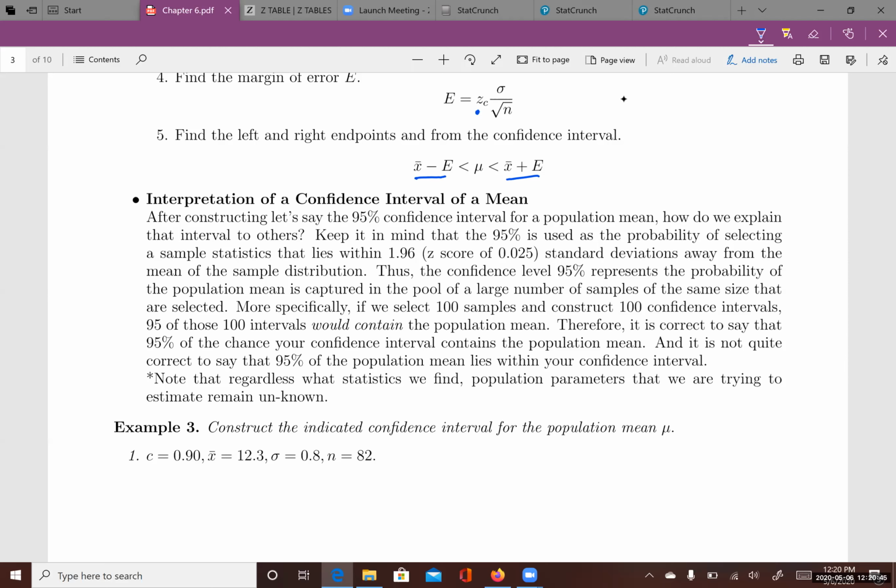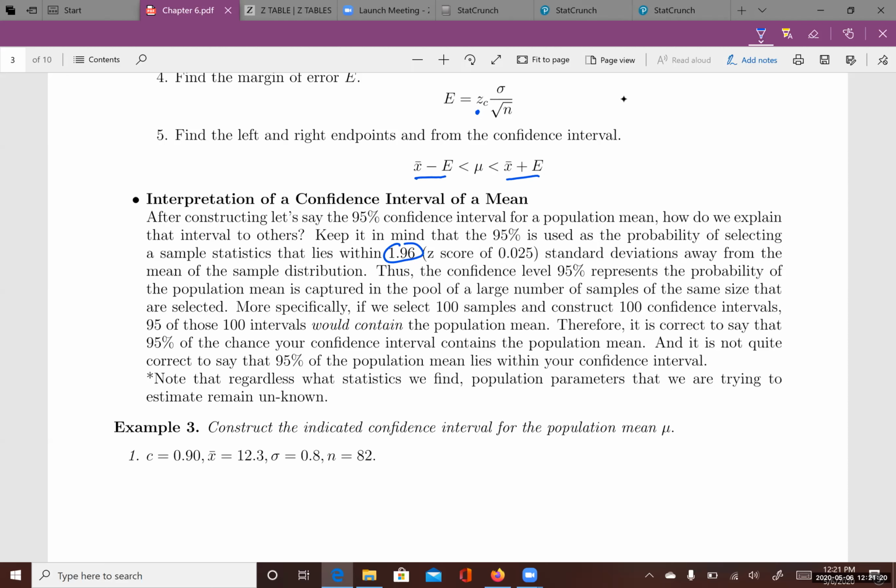How do we explain that interval to other people? Keep in mind that the 95%, or C equals 0.95, is a probability of selecting a sample statistic that lies within 1.96 standard deviations of the mean of the sampling distribution. So 1.96 here is the critical value that we found for the confidence level of 0.95.